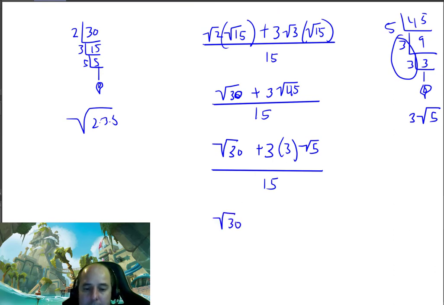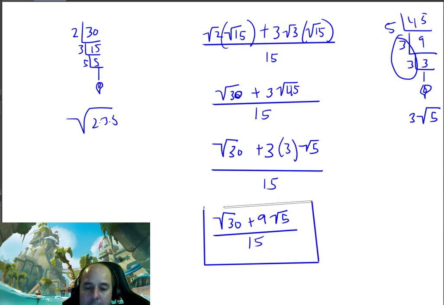Square root of 30 plus 9 square roots of 5, all over 15. And that right there should be my final answer. Square root of 30 plus 9 square root of 5. Yep. Yay! All right, ladies and gentlemen, I hope that helped.